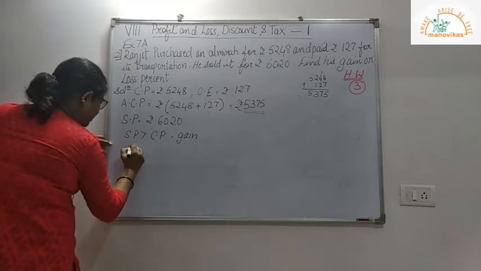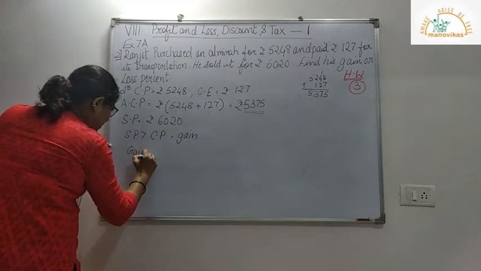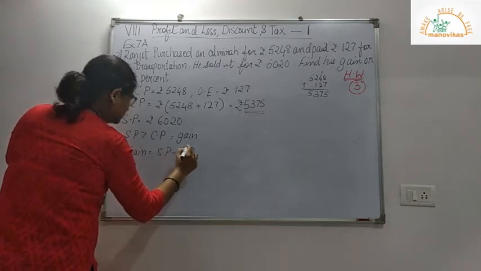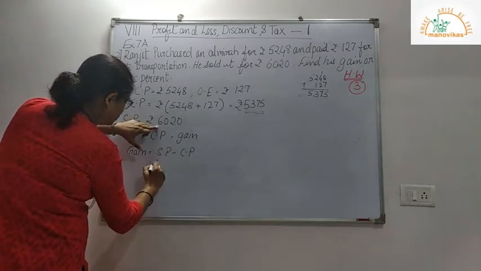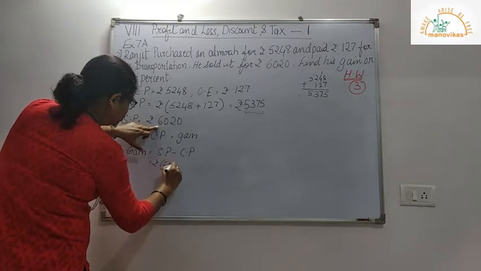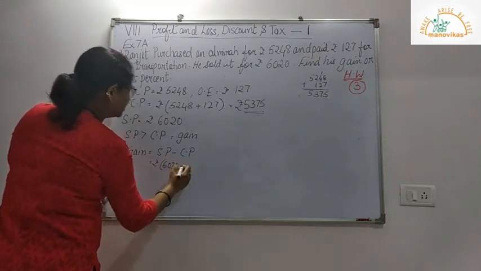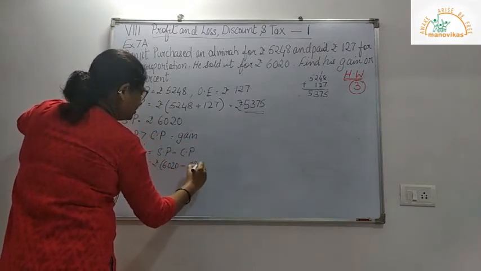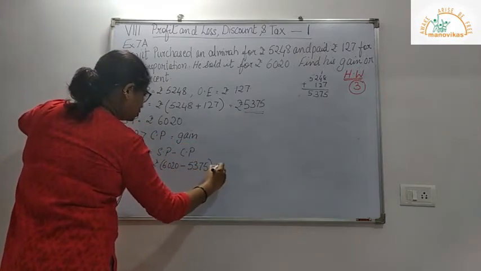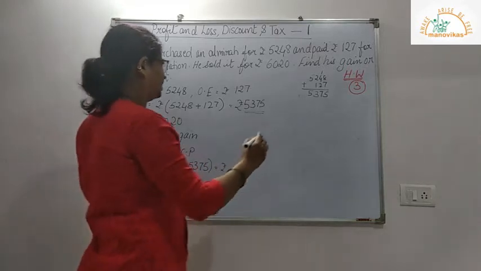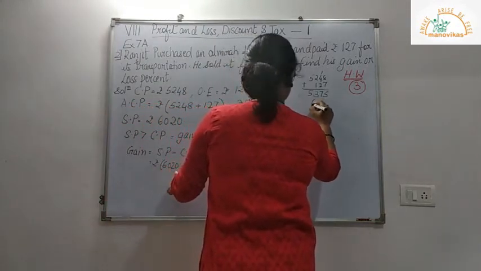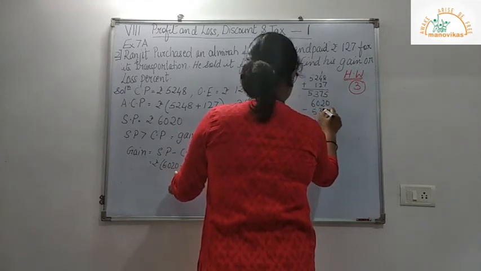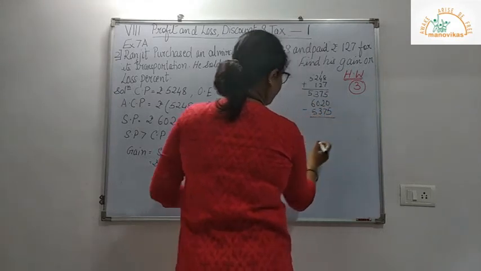So now we find out the gain. Gain is equal to selling price minus the cost price. My selling price here is rupees 6020 minus my cost price, 5375. So let us subtract this. I have 6020 minus 5375, right?